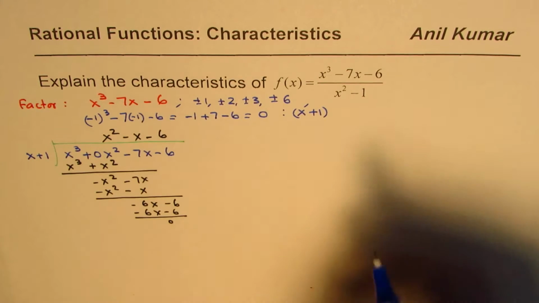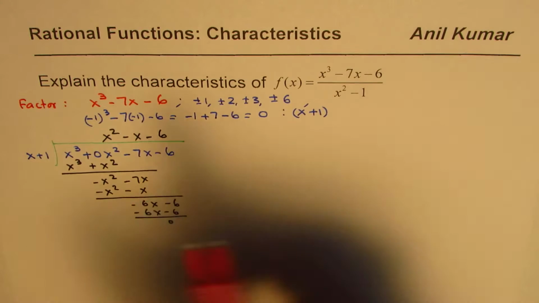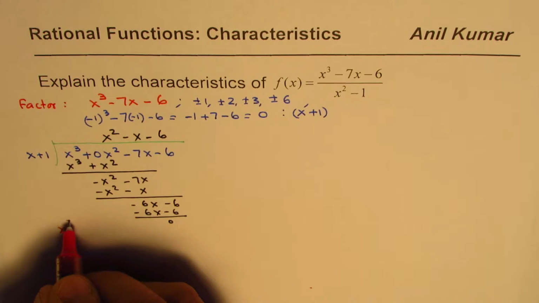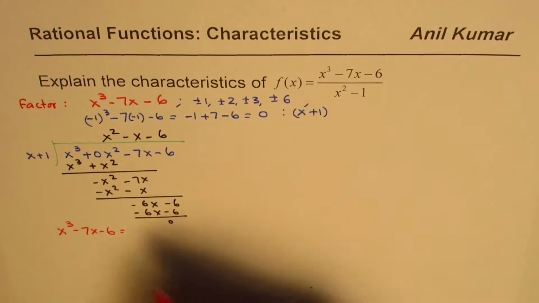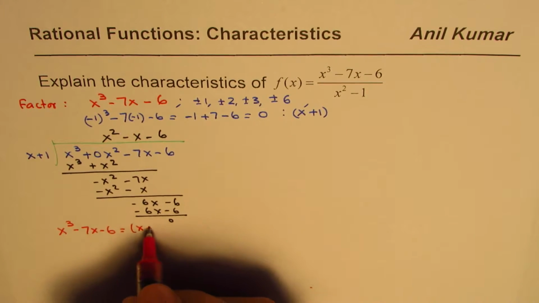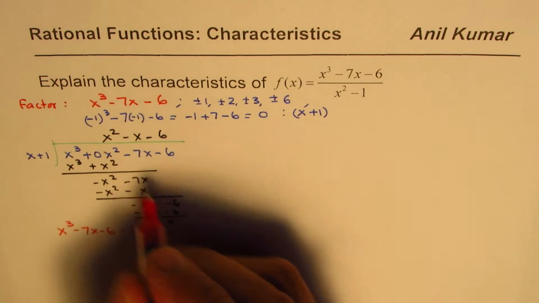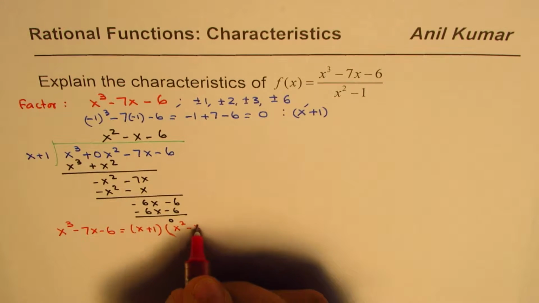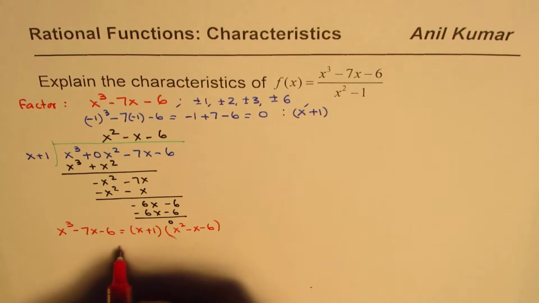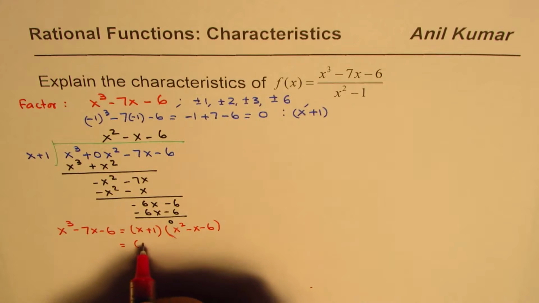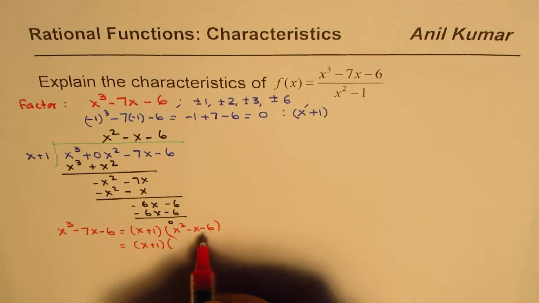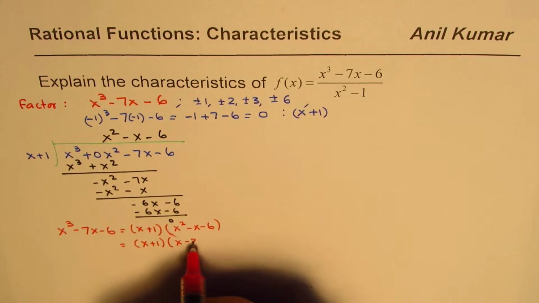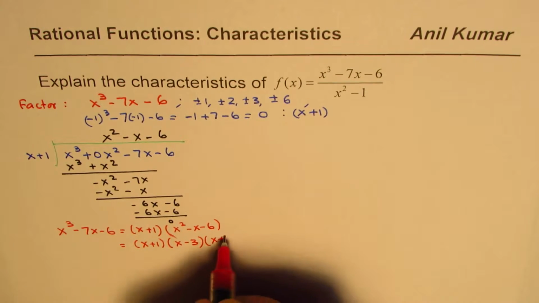So we could write x cubed minus 7x minus 6 as equal to x plus 1 times x squared minus x minus 6, and this could be further factored. We could write this as x plus 1 times, 3 times 2 is 6, and 3 should be negative, so x minus 3 times x plus 2, right?